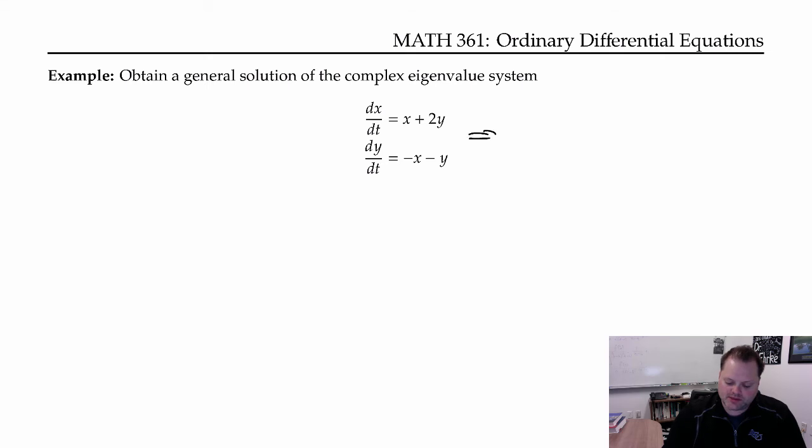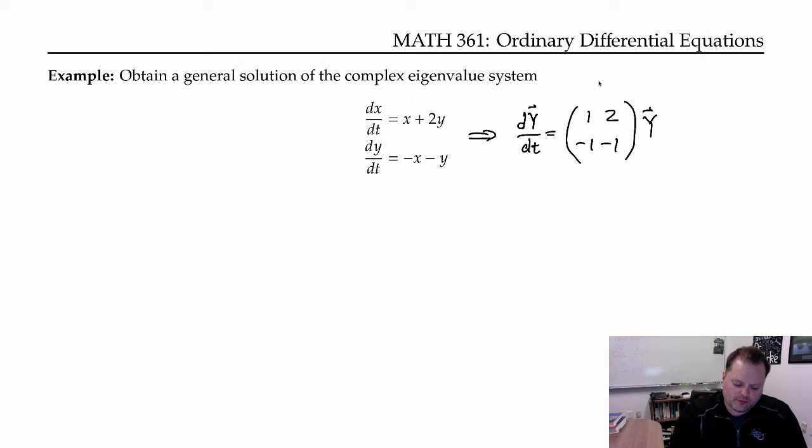I always like to think of this in matrix form, so I'm going to rewrite this as dy/dt equals the matrix [1, 2; -1, -1] times y. So there is our linear system. If we get the characteristic equation, it's lambda squared minus the trace.